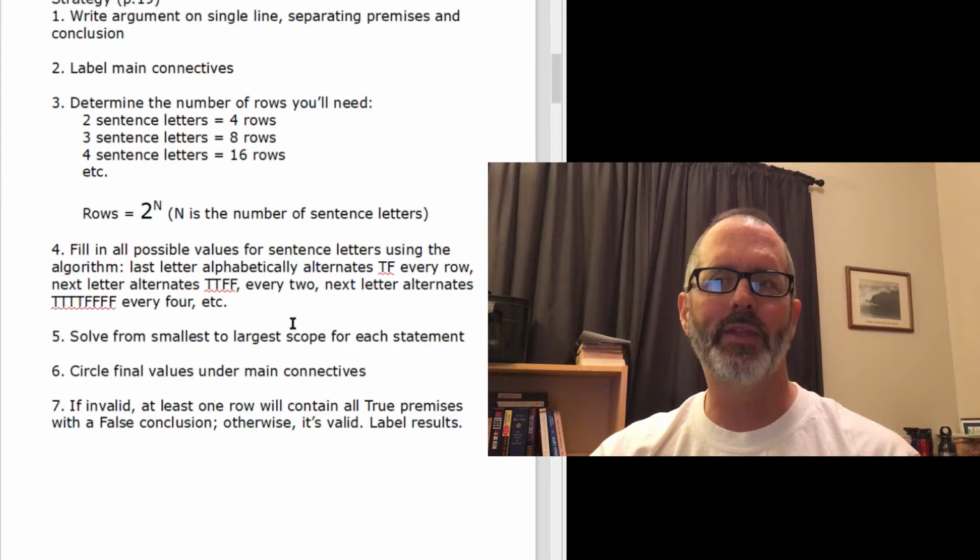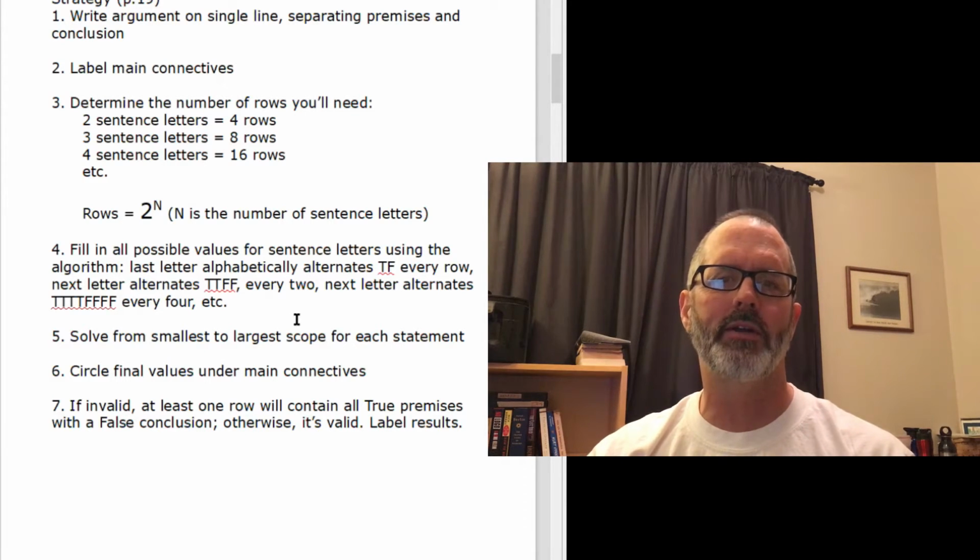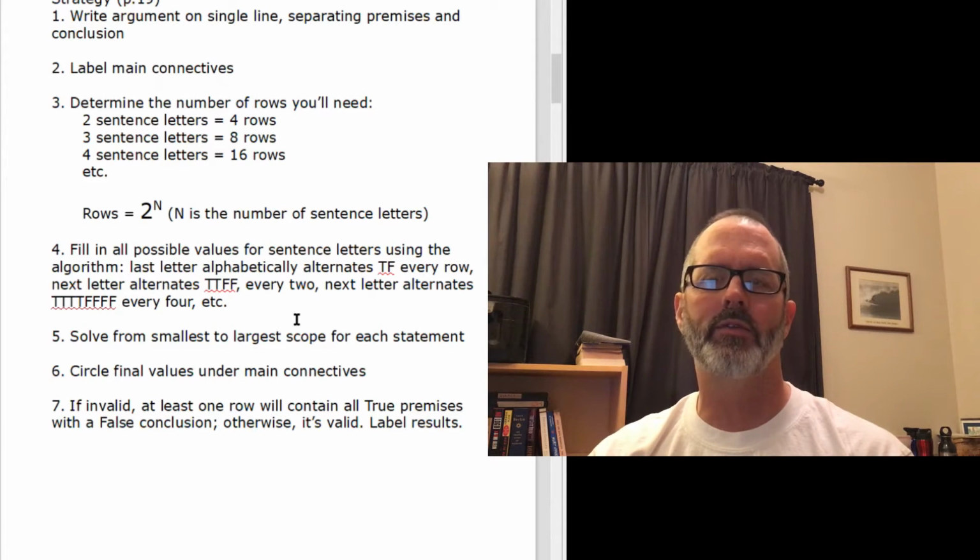Then, and this is what the algorithm was doing, step 4, fill in all possible values. We'll do this again and again as we practice, but remember, we start with the sentence letter that's last alphabetically, and that fills in going down each column under the sentence letter: true, false, true, false, all the way down, from beginning to end in your table. As you move up the alphabet, you double how you alternate.